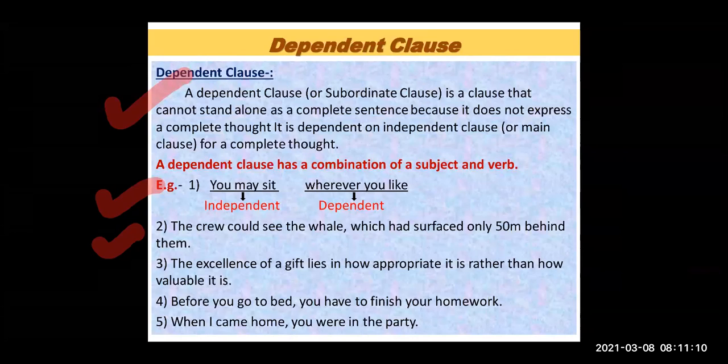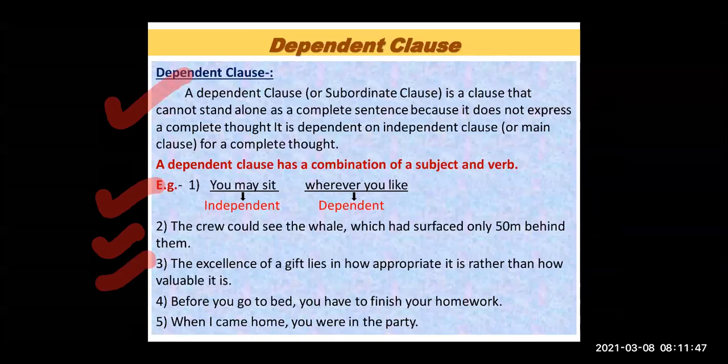But the second part, "which had surface only 50 meters behind them," if written alone, gives no idea and no meaning. So "The crew could see the well" is the independent clause, and "which had surface only 50 meters behind them" is a dependent clause.